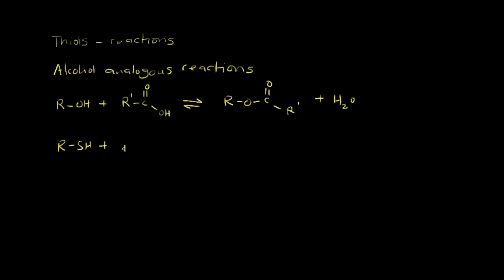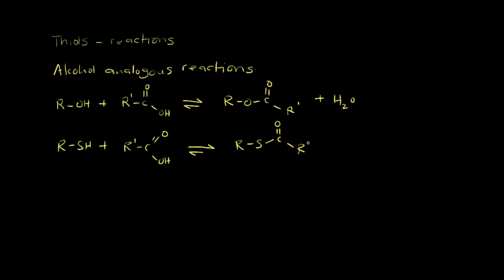We've got an exactly analogous reaction that occurs with thiols. Thiols can make thioesters. We're going to find that this is a particular thioester, and you'll see why I make that comment in a moment. It's a very analogous reaction.